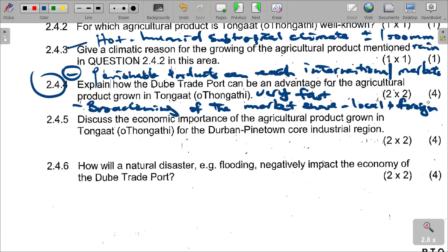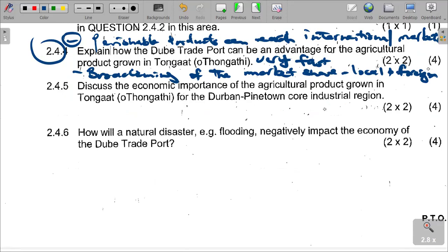Then discuss the economic importance of the agricultural product grown for the Durban-Pinetown core industrial region. Question 2.4.5, the economic importance of the agricultural product. I said these questions are also on the channel, class. What is the advantage of that? The sugar refinery feeds the downstream industries.